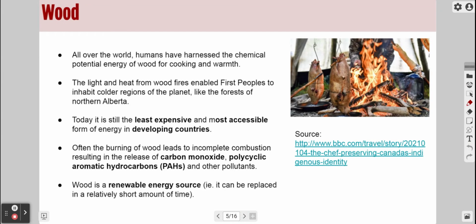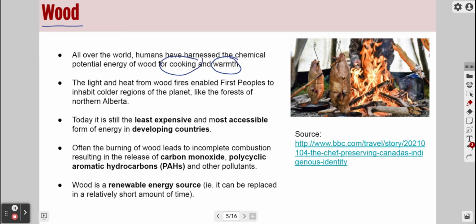So the first source of energy we're looking at in this lesson is fossil fuels and also wood. These are all sources originating from the sun. Wood is like the original energy source for humans all around the world. They're looking for something to burn, to create warmth, and to cook.